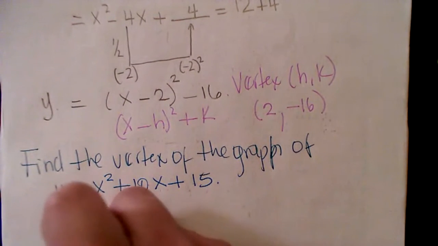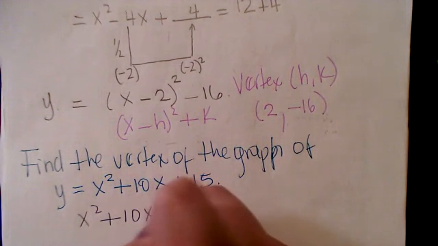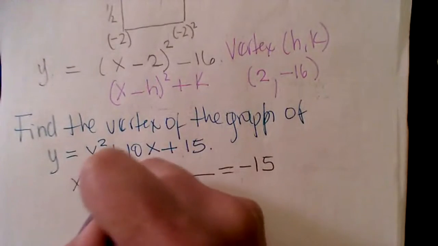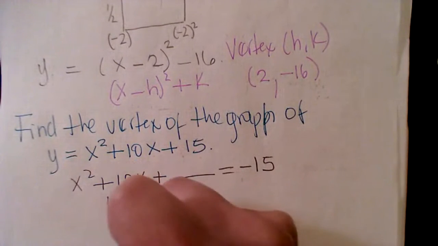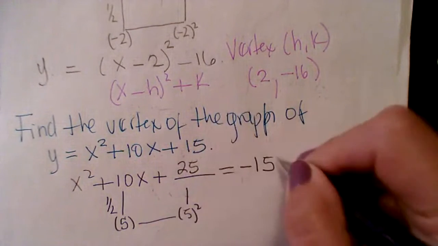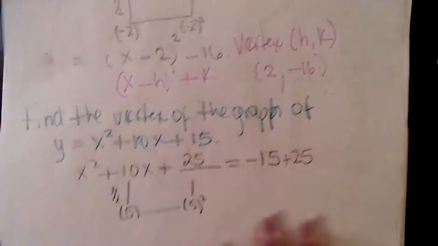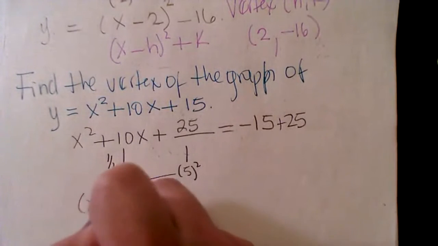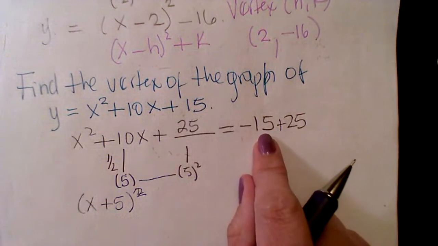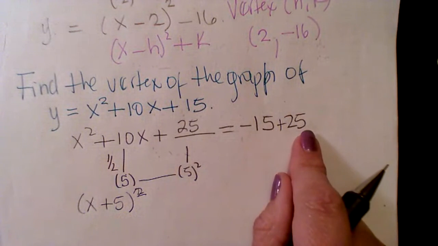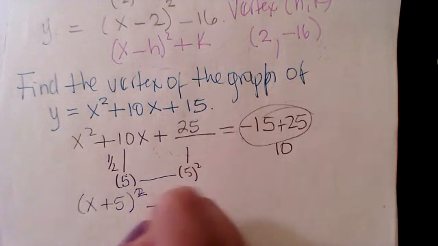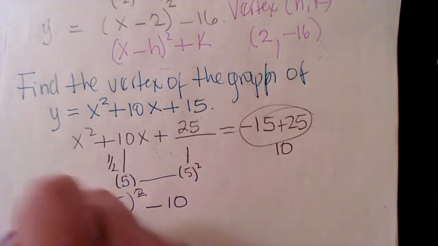So we know, right, half of this one is going to be 5. 5 squared is 25, plus 25 on both sides. So let me get this one, x plus 5 squared. That's my perfect square. Negative 15 plus 25, that's 10, but I'm moving it to this side. It's going to be negative 10.